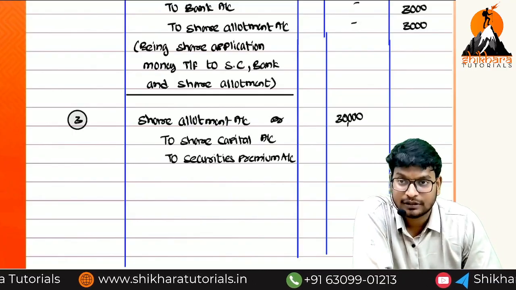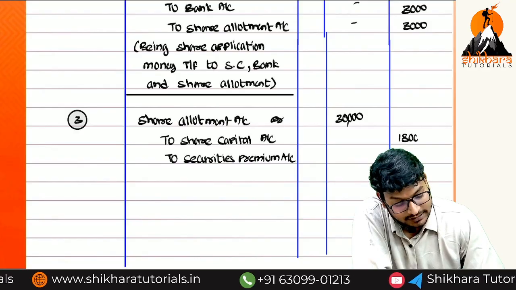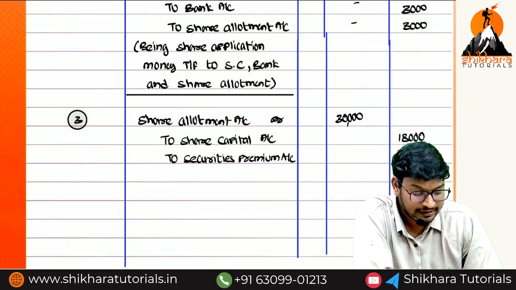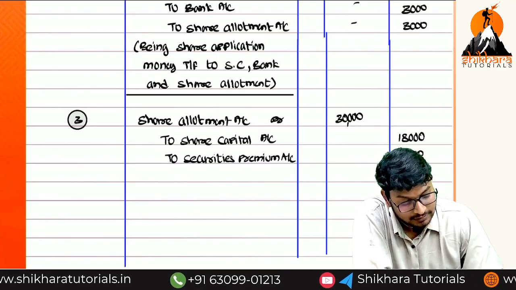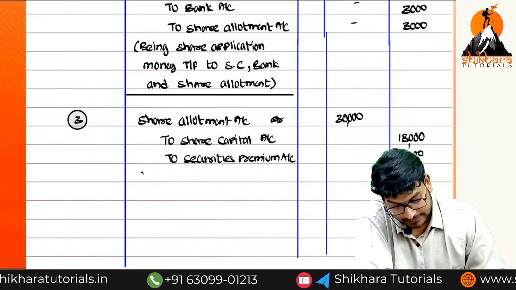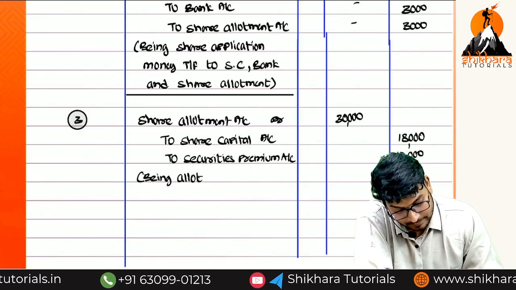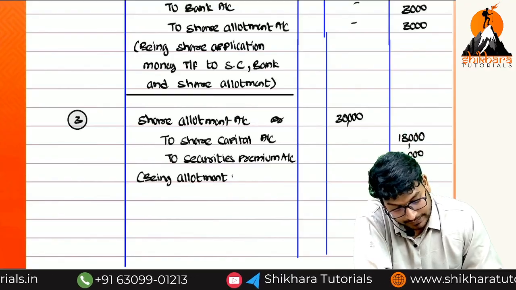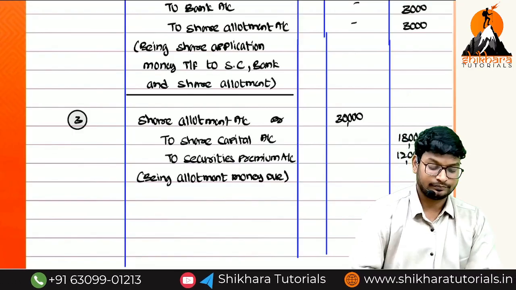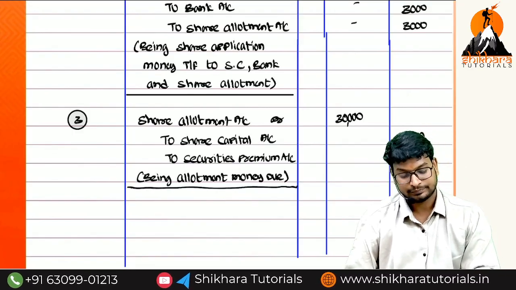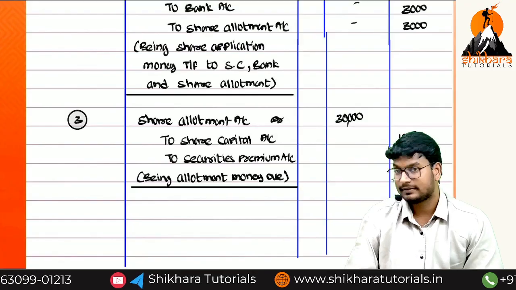So what is the face value? 18,000, nothing but 6,000 into 3. What is the securities premium? 6,000 into 2, that is equal to how much? 12,000. So being allotment money due or receivable.